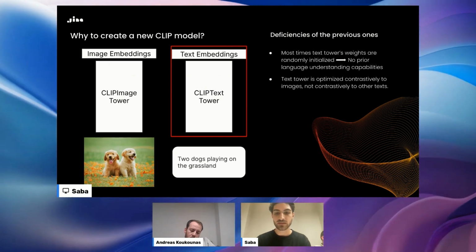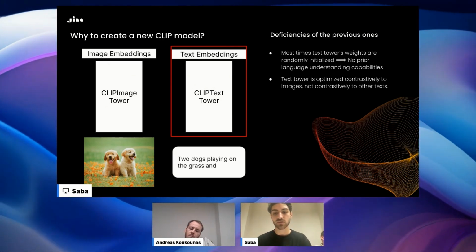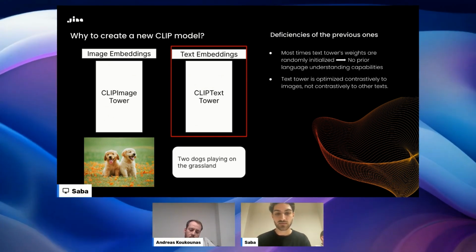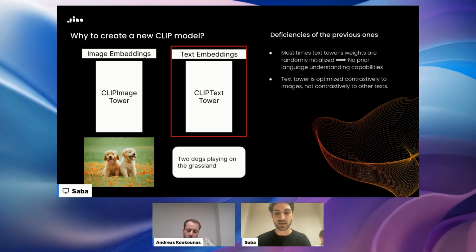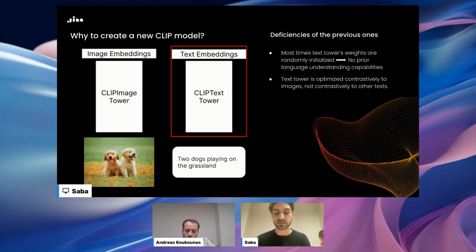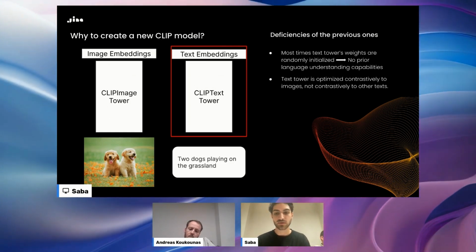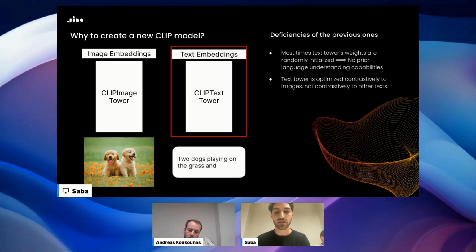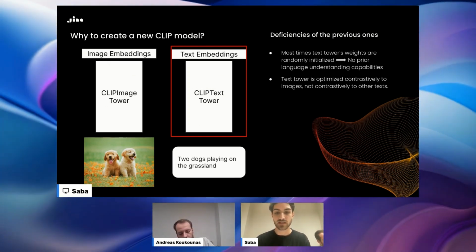And during the contrastive learning that I described on the last slide, this text tower does not have enough text during training to learn and understand the language properly. So eventually, we got a text encoder that does not have good language understanding capabilities.